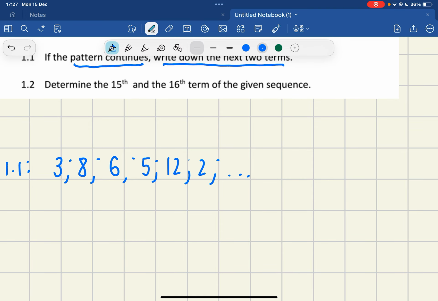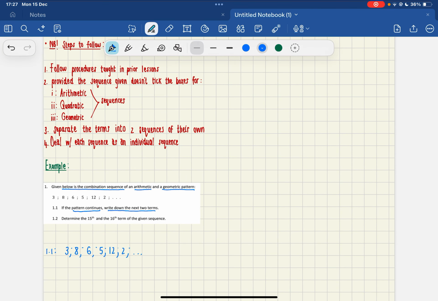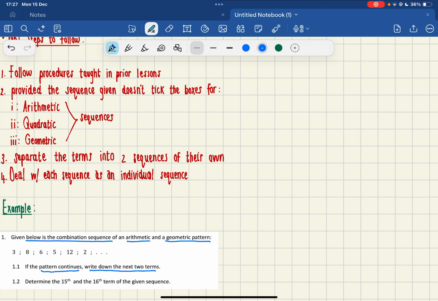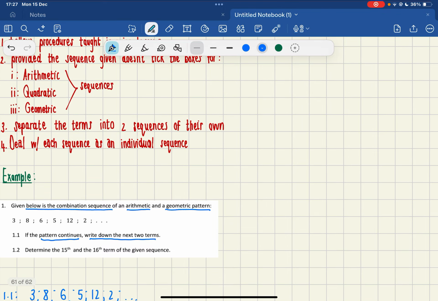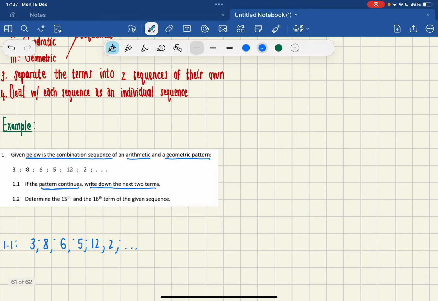In step 2, I said if it does not tick the boxes for the other sequences, it's a combined sequence. We can conclude that it's a combined sequence. Then step 3 says separate the terms into two sequences of their own, and this is exactly what we're going to do.